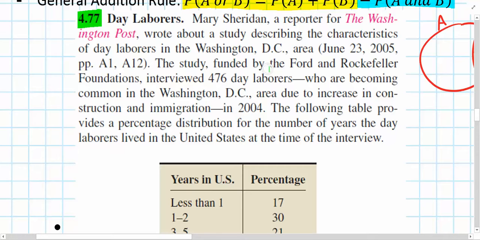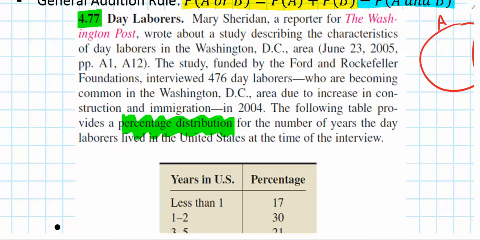The study was funded by the Ford and Rockefeller Foundations, interviewed 476 day laborers who are becoming common in the Washington, D.C. area due to increase in construction and immigration in 2004. So these laborers were followed in 2004. The following table provides a percentage distribution for the number of years the day laborer lived in the United States at the time of the interview.